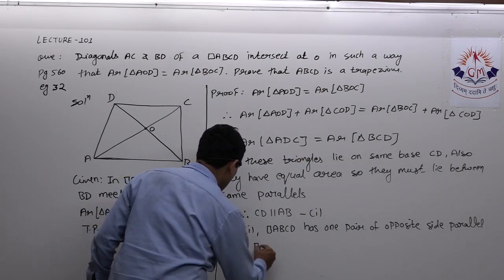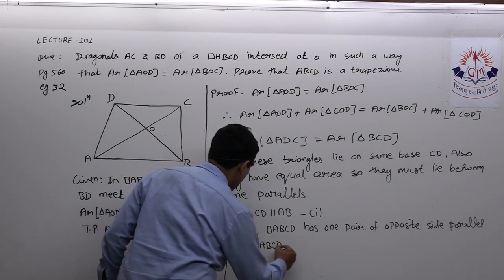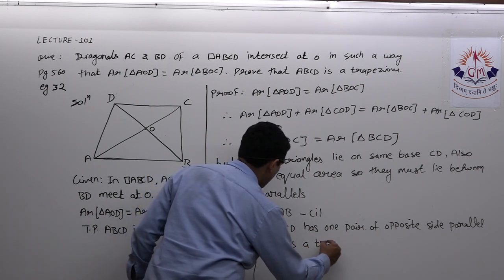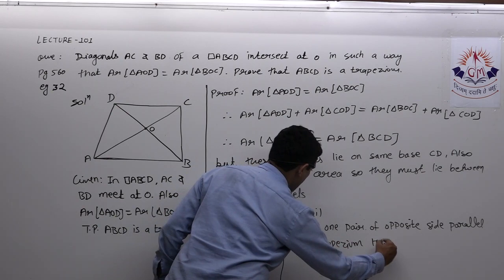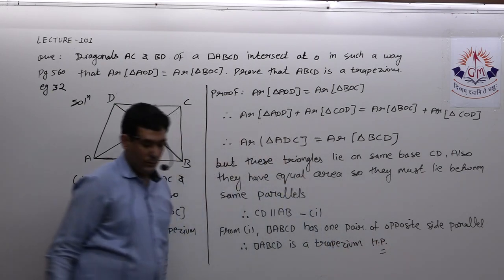Therefore, quadrilateral ABCD is a trapezium. Hence proved. So please note it down.